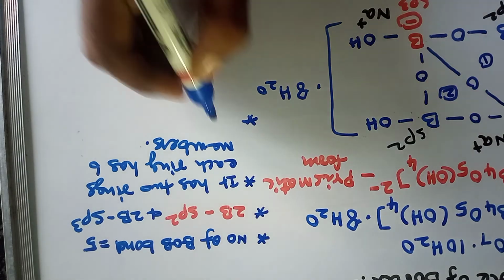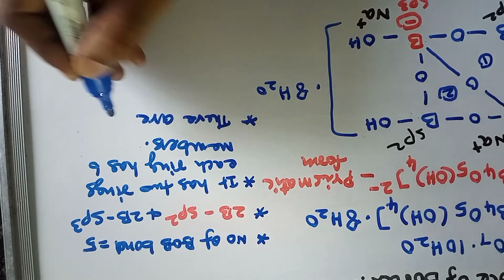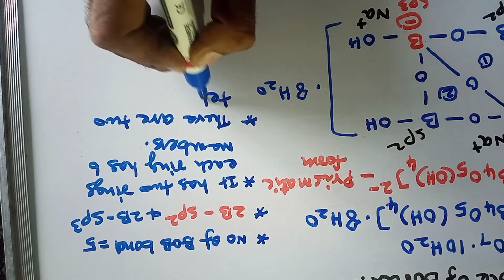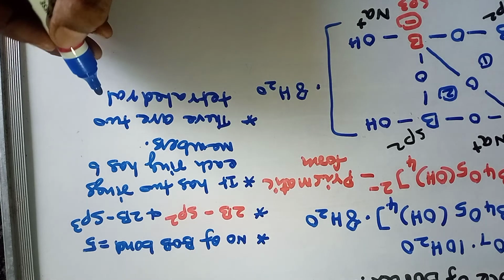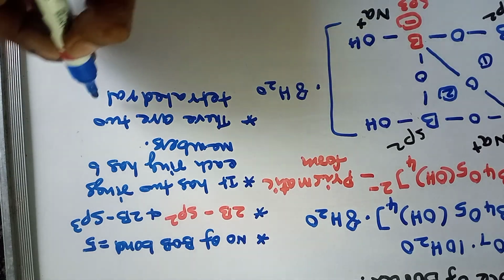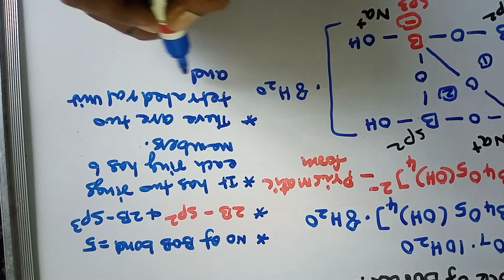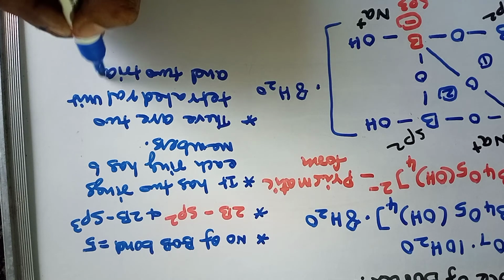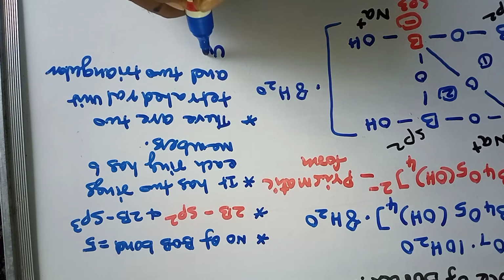The 2 sp3 hybridized borons have a tetrahedral structure, and the 2 sp2 hybridized borons have a triangular structure. There are 2 tetrahedral units and 2 triangular units in borax.